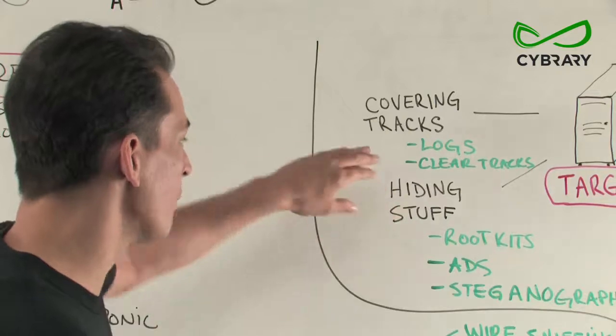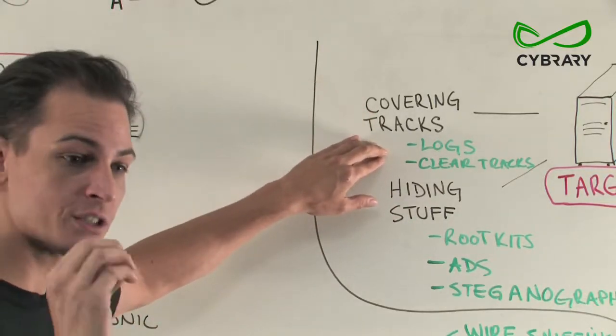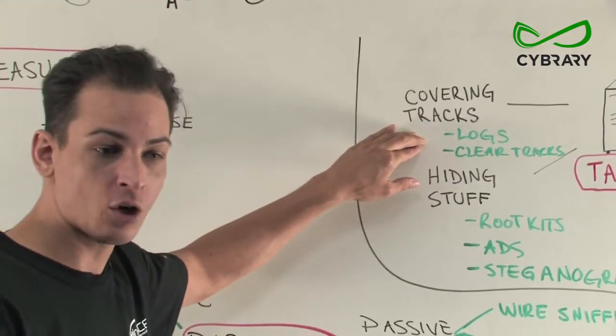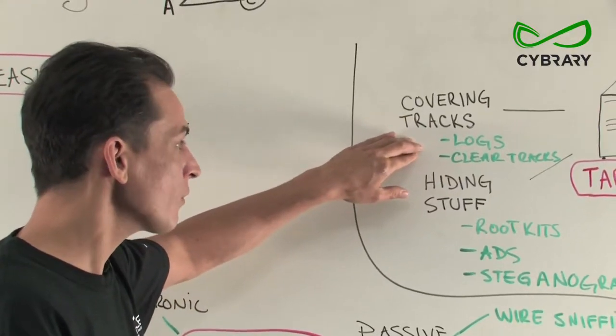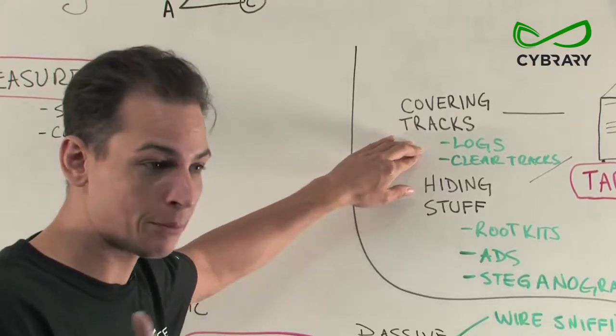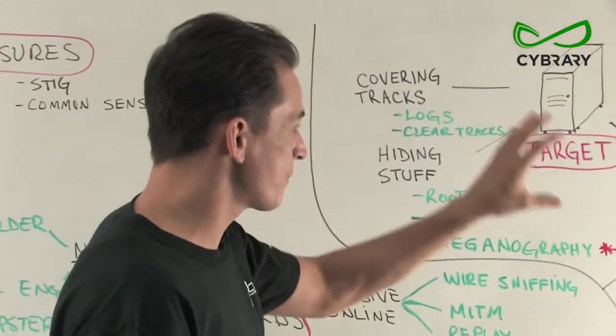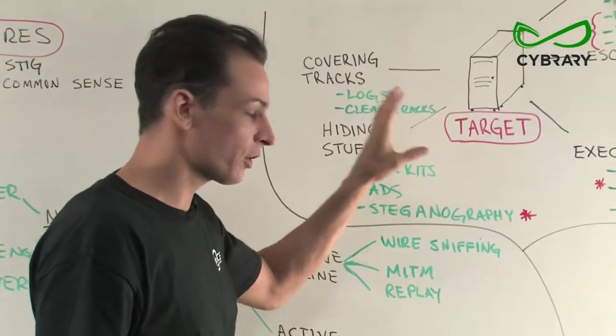All right, so covering tracks, extremely critical. This is you're getting caught versus you're not getting caught, or going to jail versus not going to jail, depending on if you're white hat or black hat in that world. Okay, so this is everything you need to pay attention to with our target.